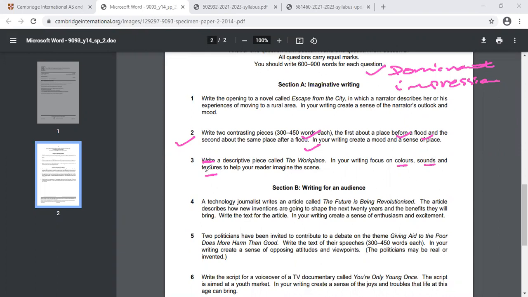Okay, then, once we have decided on the dominant impression, this is the first step, the second step is to think of an appropriate thesis statement. Now, you know what is a thesis statement?